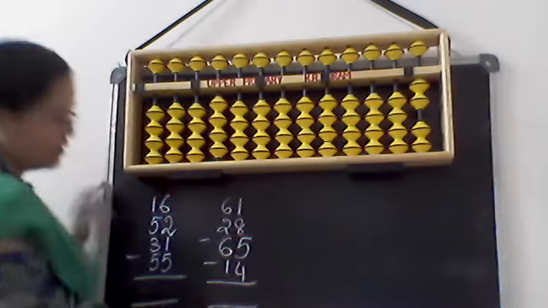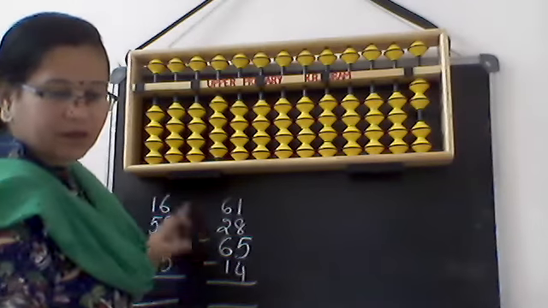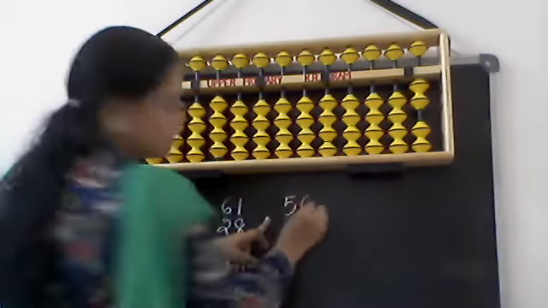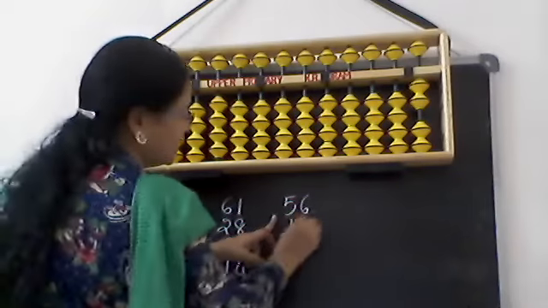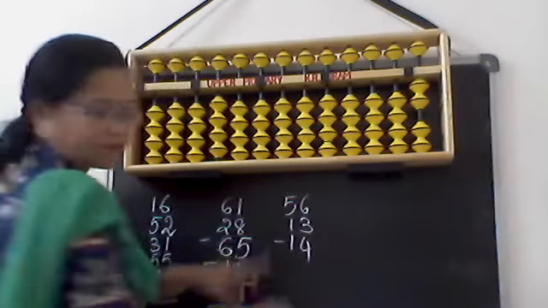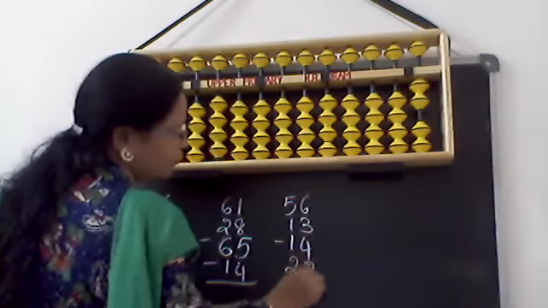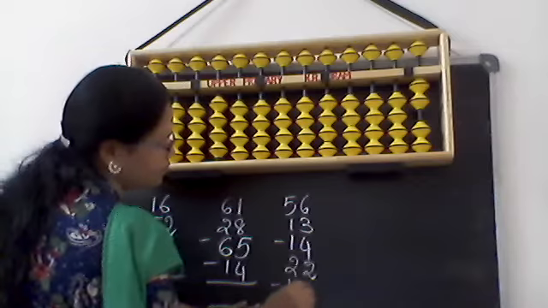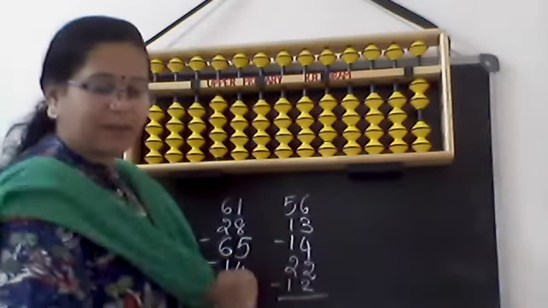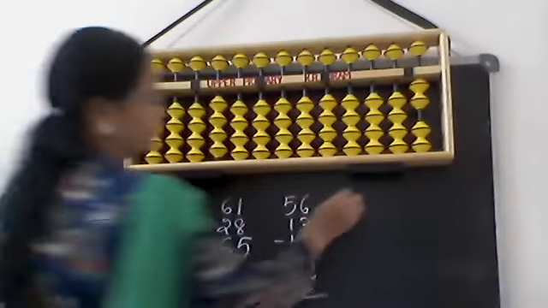Let us find out. Next, I'll take another page. 56, 13 minus 14. Children, if you write along with me and keep doing along with me, you will understand better. Hope you will take the Abacus tool with you and start doing along with me.